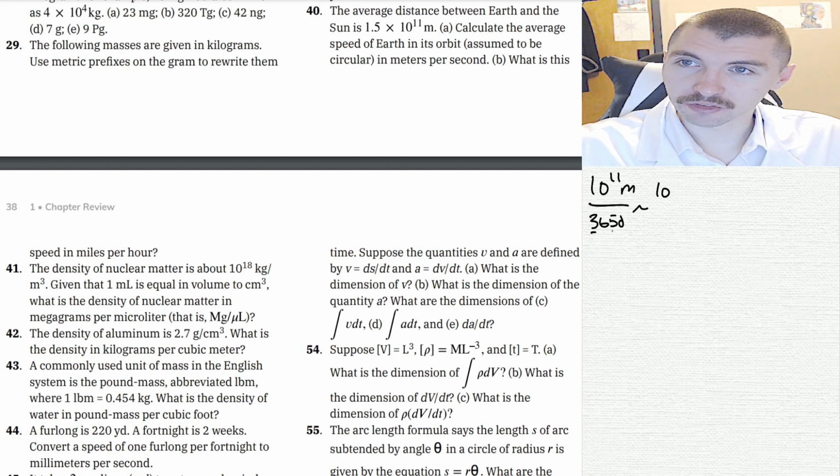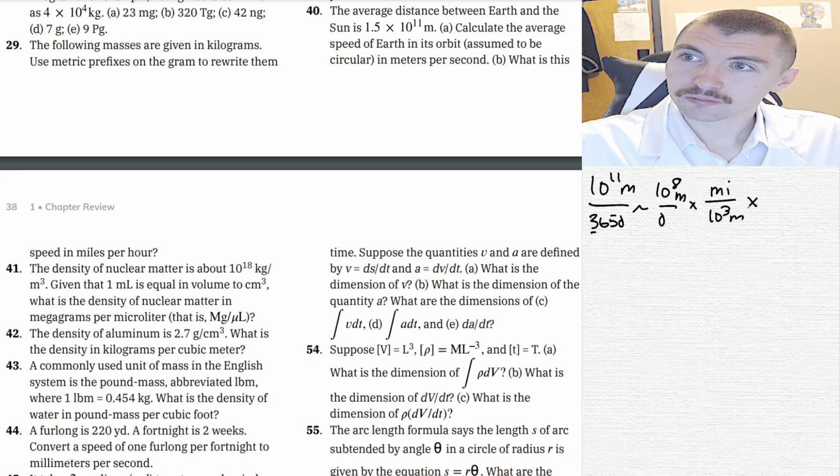So this is going to be 10 to the 3. So it's going to be 10 to 11 divided by 10 to the 3, which is 10 to the 8 meters a day. Converting this to miles, 1609 meters, which is 10 to the 3.